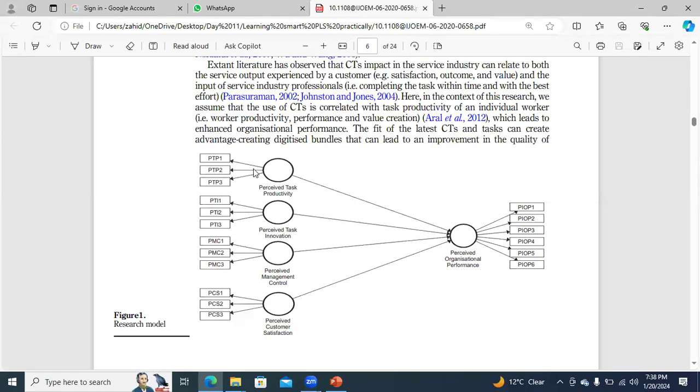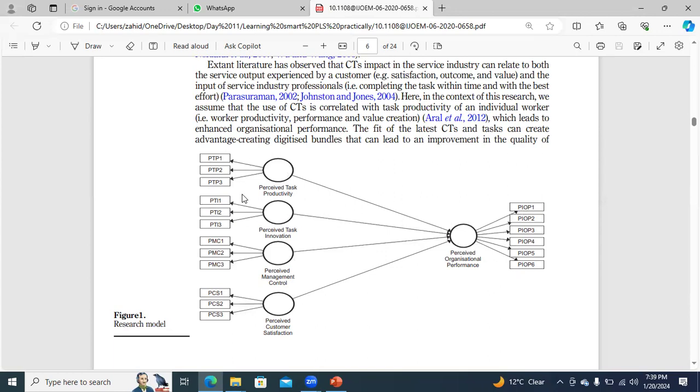If you see the direction of the arrows, they show reflective constructs. And here is your endogenous variable, perceived organizational performance, and it is also a reflective construct because it is measured by six indicators.